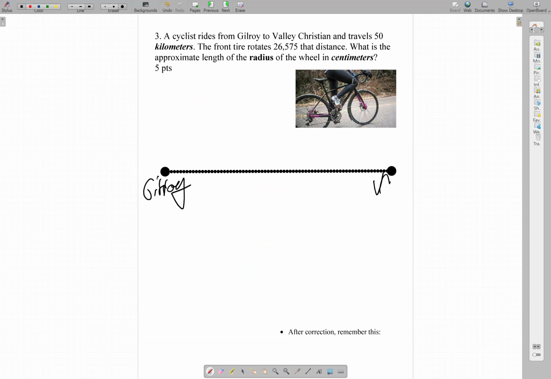So on that note, we are going from Gilroy to Valley Christian High School. Gilroy to Valley Christian is approximately 50 kilometers. The front tire of their bikes rotates, in that distance, 26,575 times.